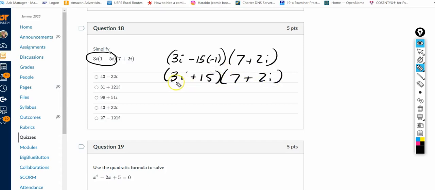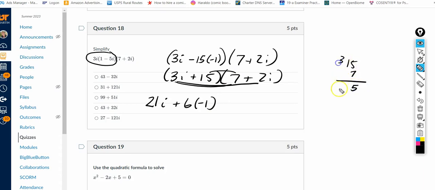And now FOIL. 3i times 7 is 21i, and 3i times 2i. 3 times 2 is 6, and i times i is -1. Okay, then 15 times 7 is 105.